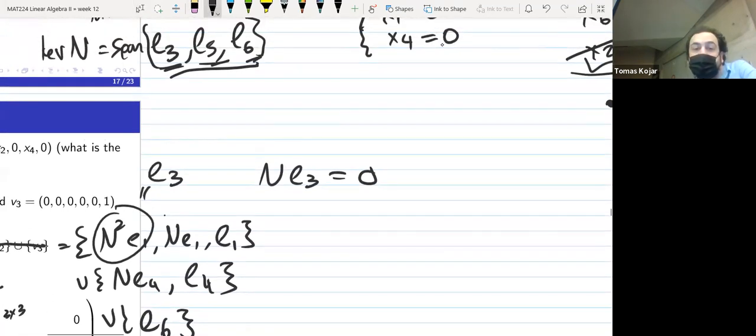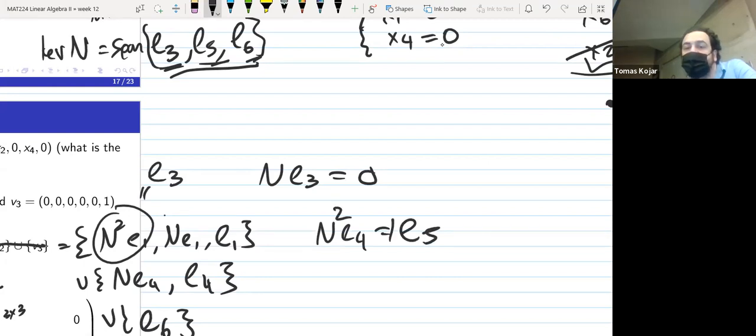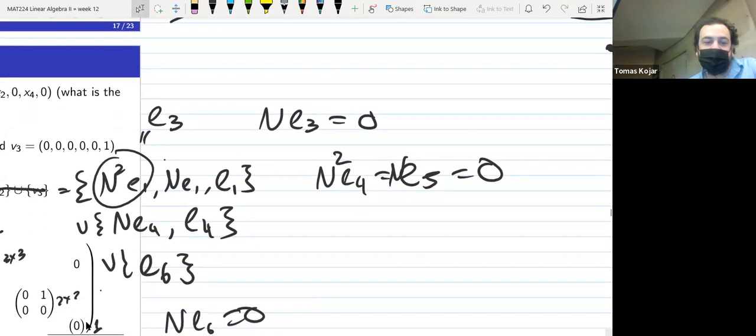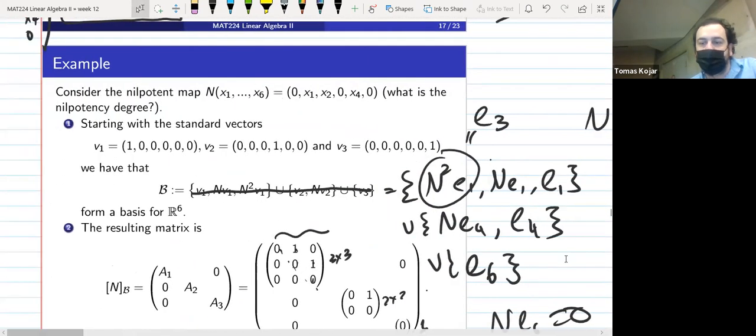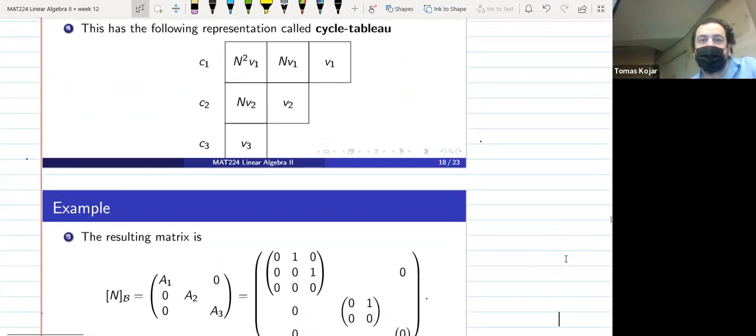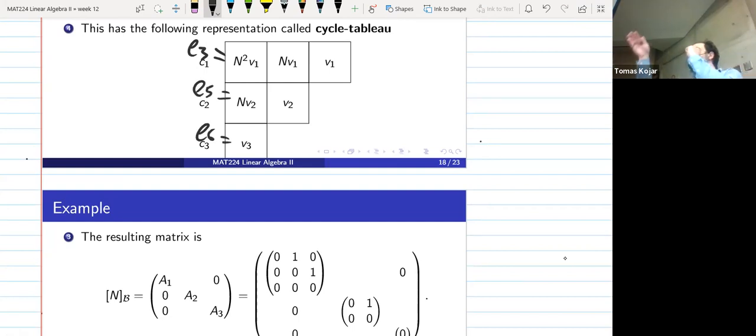And then n of E4 was E5, so n squared of E5 is also 0, because E5 is in the kernel. So we drew this picture so that the first column here was E3, this was E5, and this was E6, so that if you act one more time, they're all dead. If it helps, you put 0, 0, 0 here.